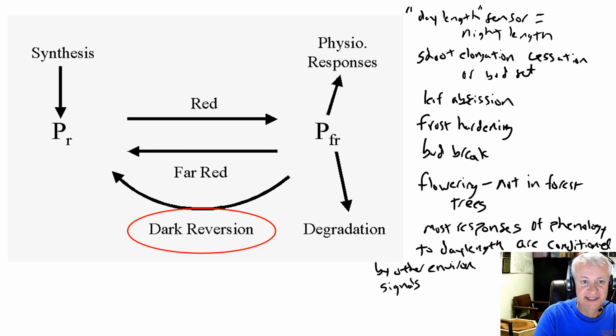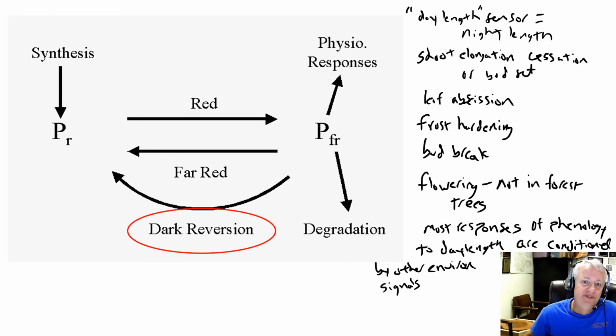So, for instance, the breaking of bud in the spring is probably partially determined by shortening nights, but it also is usually triggered by some accumulation of cold nights. And probably the same thing with frost hardening. Frost hardening is partially triggered by lengthening nights, but is also triggered in combination with changing temperature regimes.